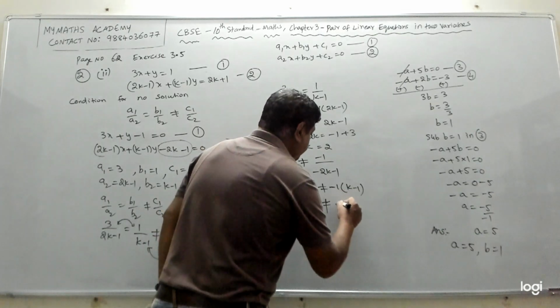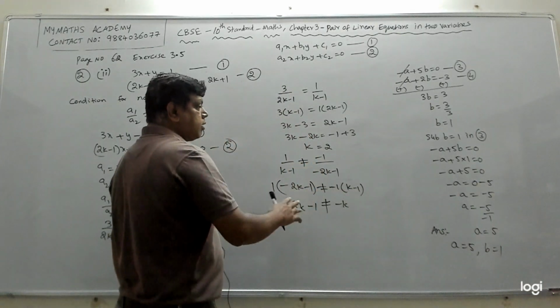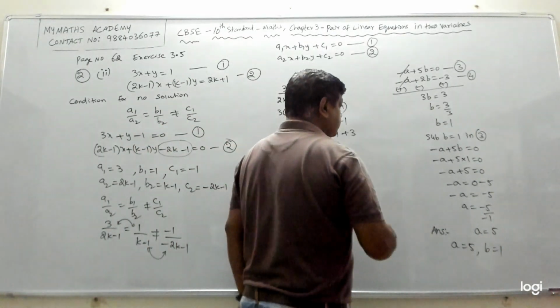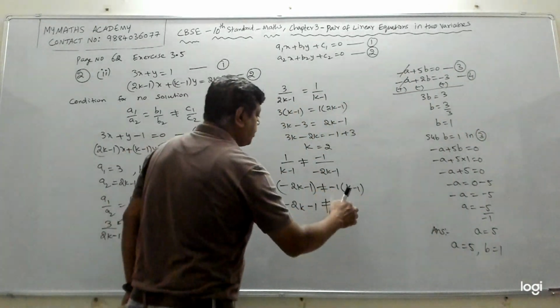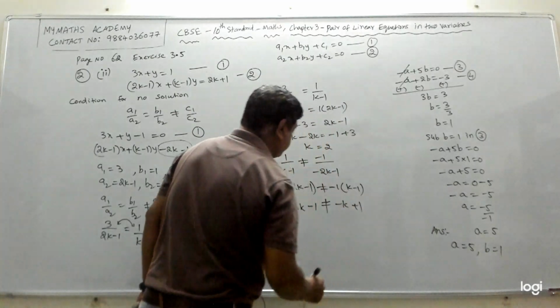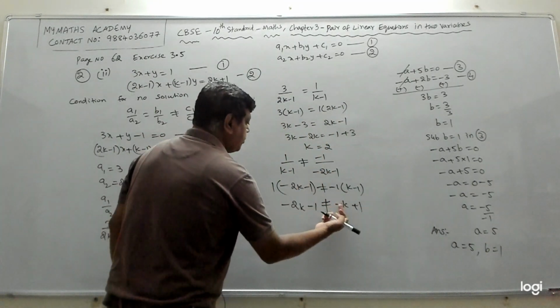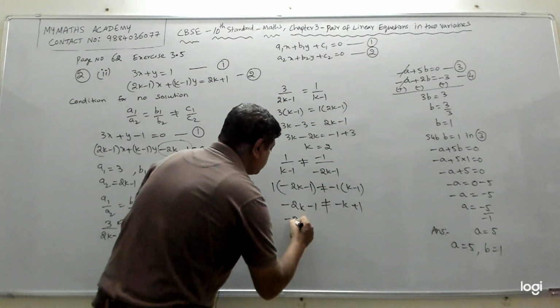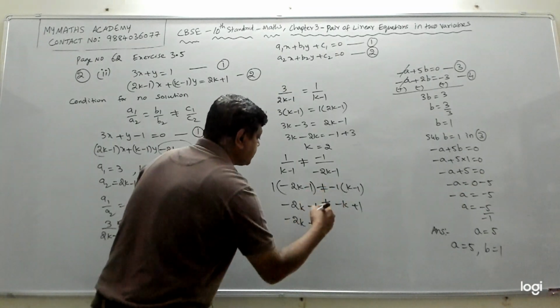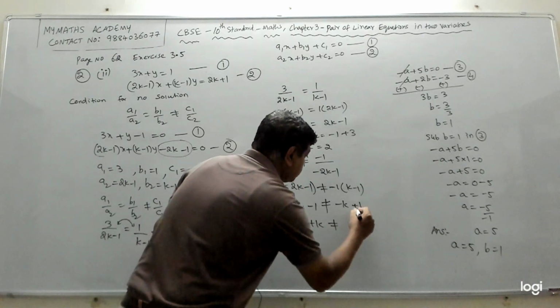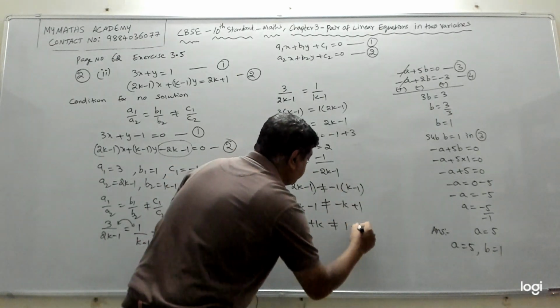So this will become minus k. Rest all are the same thing that we do. So this is minus 1 into k, minus 1 into minus 1 is plus 1. Now bring this k to this side. So when k goes this side, minus 2k will become plus k, minus k comes here, it will become plus k, not equal to, this is 1 and this 1 goes here, it will become plus 1.